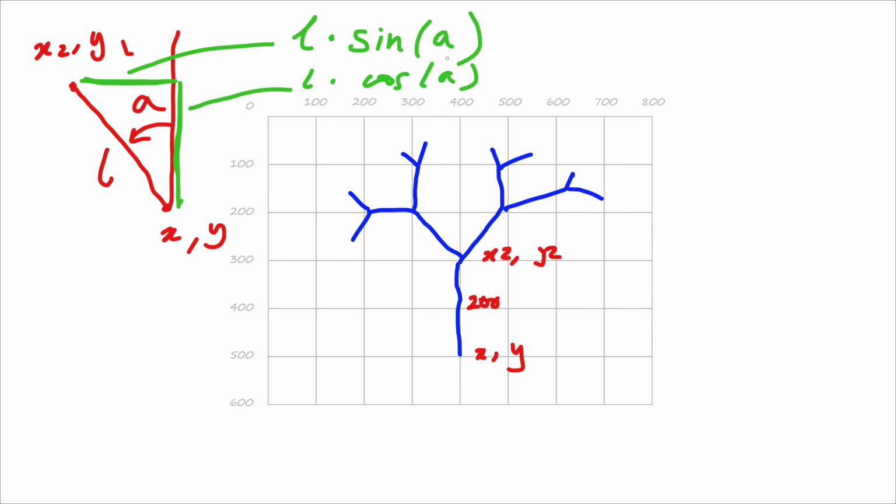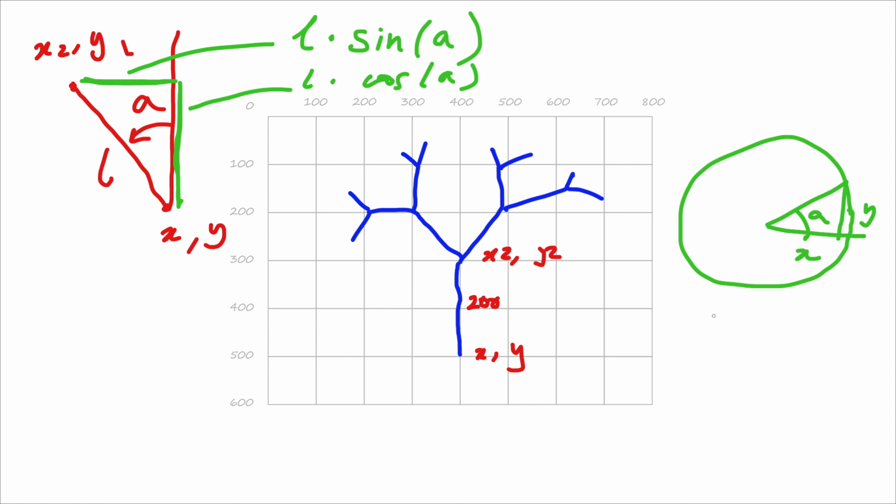It does, because before we had angles starting just from this direction, and we said that if that was x and that was y, x equals the radius. Let's draw the radius there.